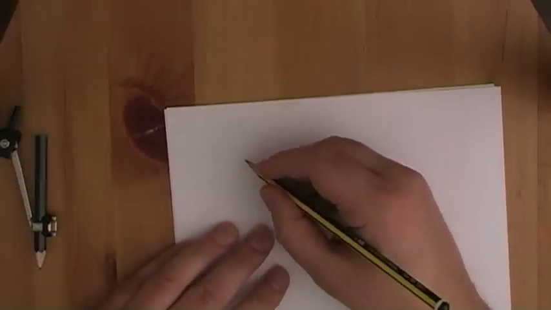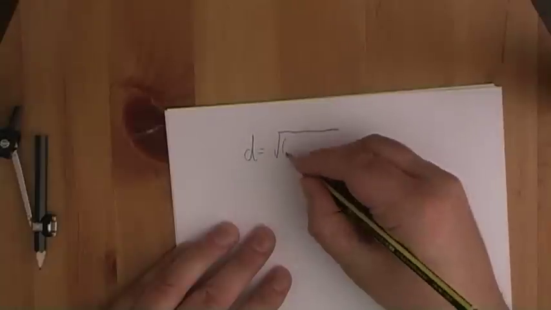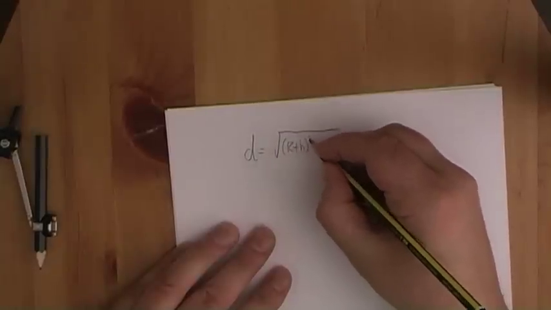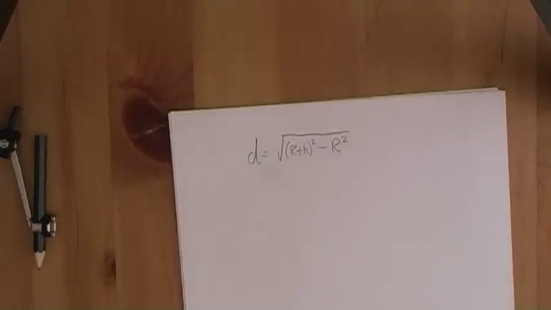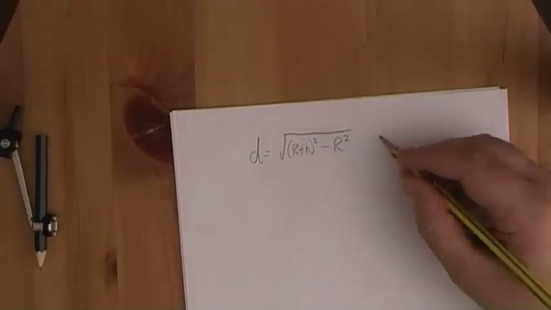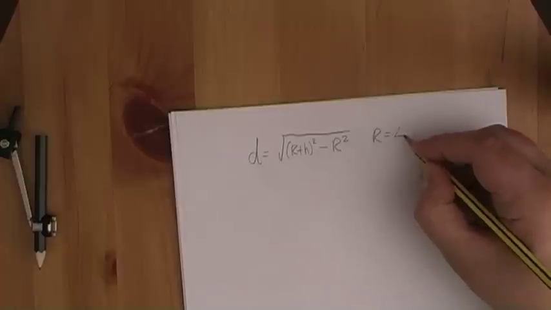I agree it is difficult to visualise, but we don't have to, because we've got the maths. So first of all, let's work out how far away the horizon would be. Let's look at the formula I had again. The formula was D is the square root of R plus H squared minus R squared. Now, I'm actually going to do it in metric because it's just easier for the calculation.